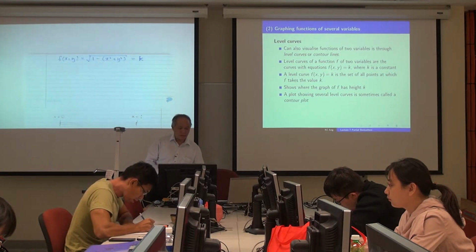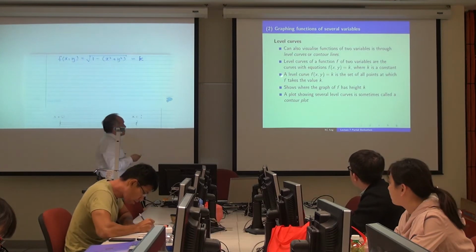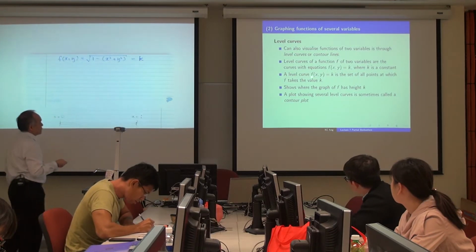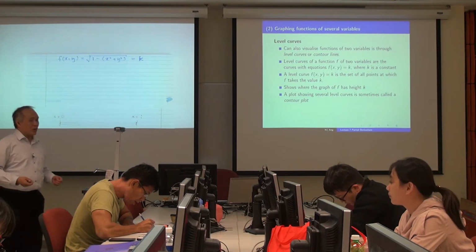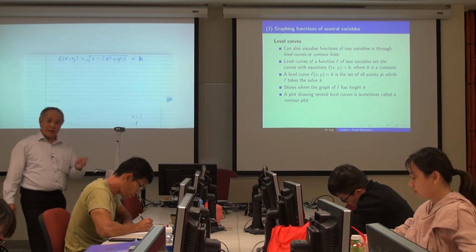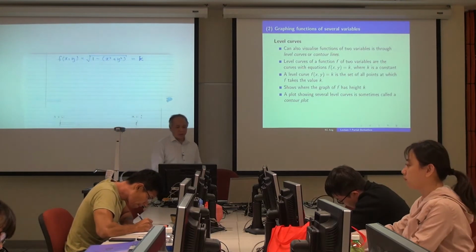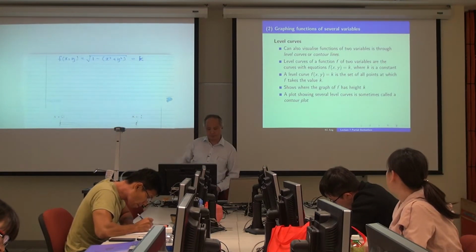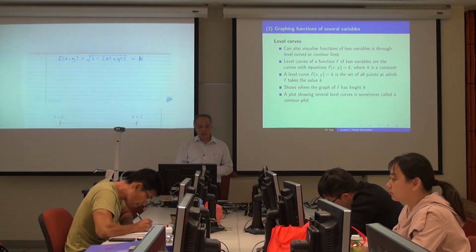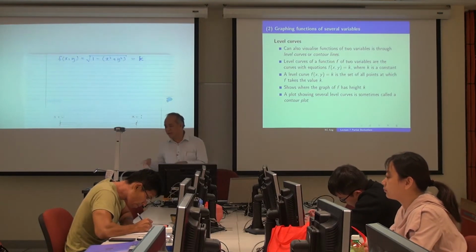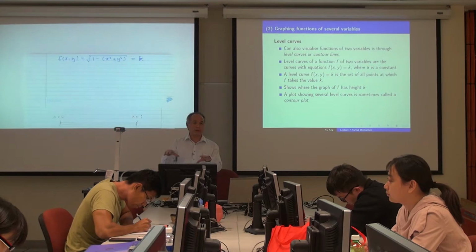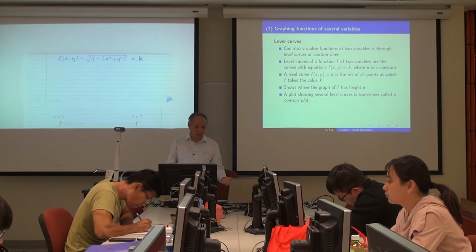So, as this point is saying, a level curve f(x,y) = k is the set of all points where the function takes the same value k. It's also where the graph has the same height. If you have several of these contour lines on a plot, we call this a contour plot.